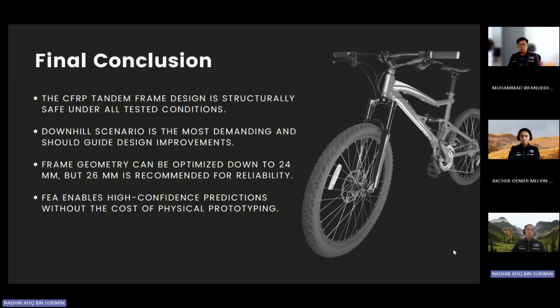Okay, next for the final conclusion: first, the CFRP tandem frame design is structurally safe under all tested conditions. Second, downhill scenarios are the most demanding and should guide design.